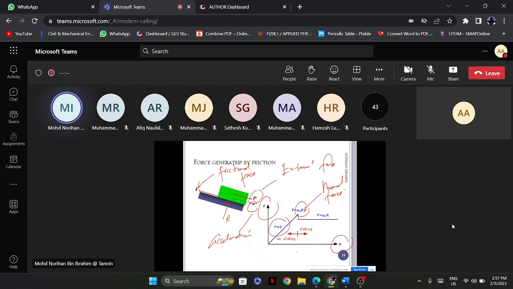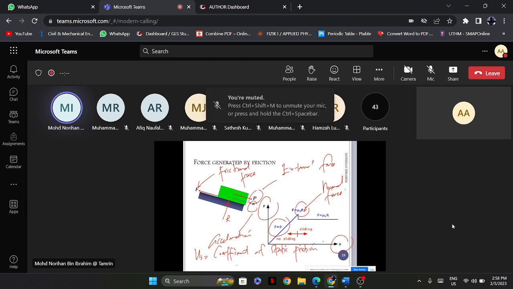So F is equal to mu S R. Mu S is the coefficient of static friction.